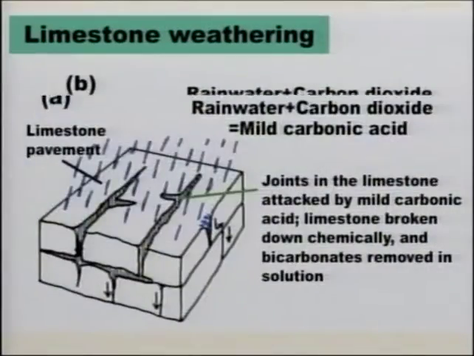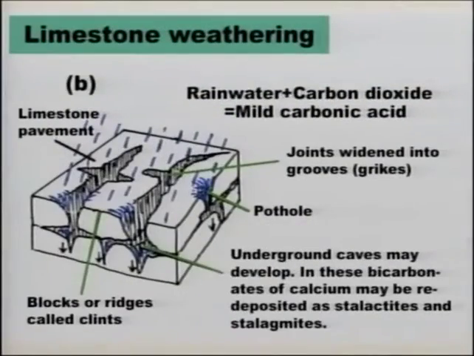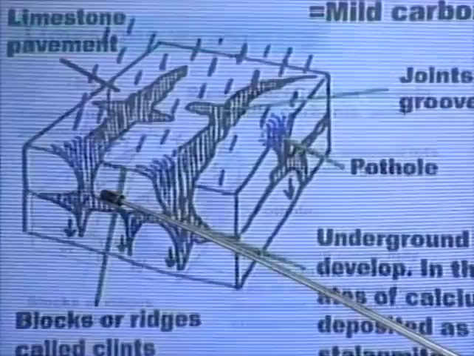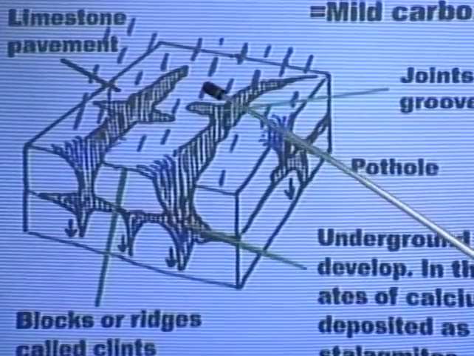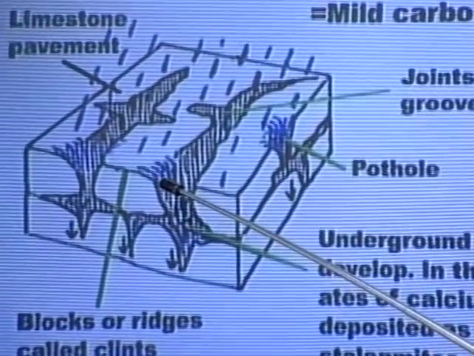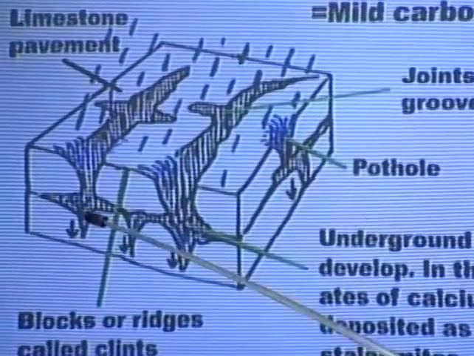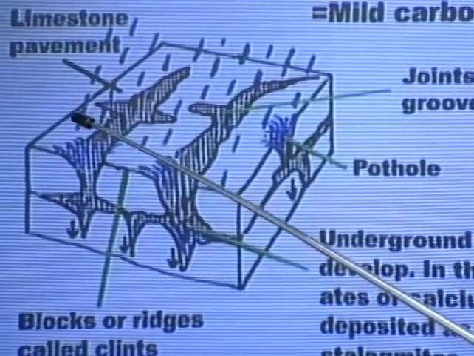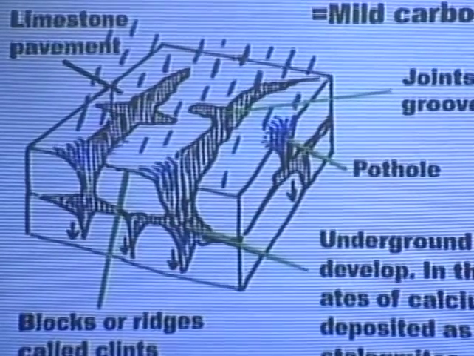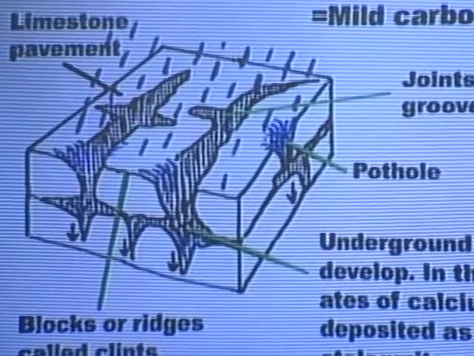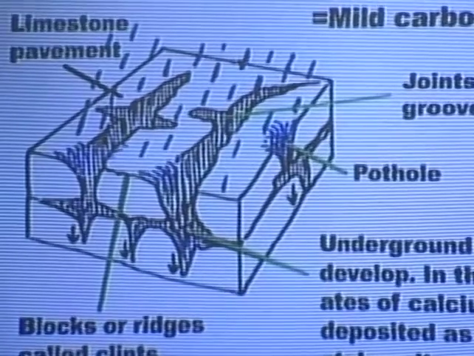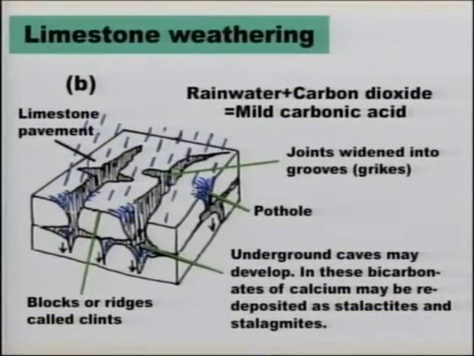Then note in the second diagram, the joints or the cracks get to be deepened and widened, resulting then in blocks or ridges left standing, and the gaps itself are referred to as the grikes, and those ridges or the blocks that are left standing are examples of clines. Okay, and that's the homework that you're supposed to have completed. You do your corrections and then we'll move on.